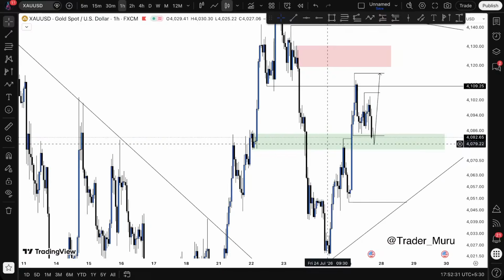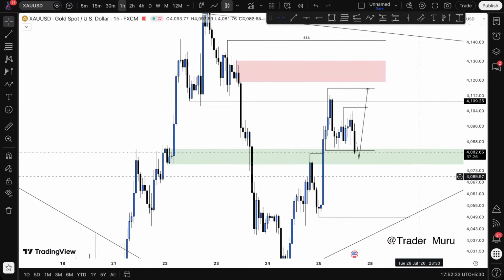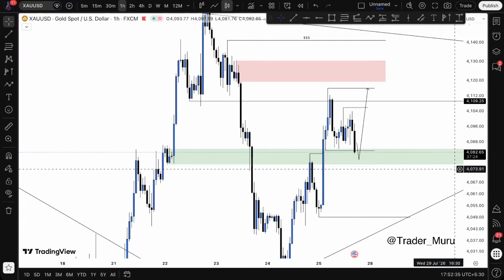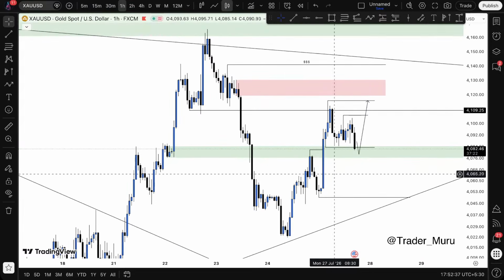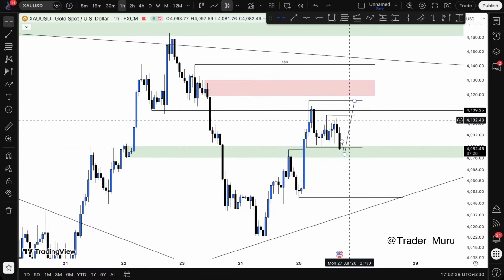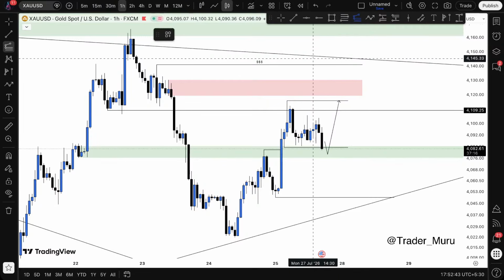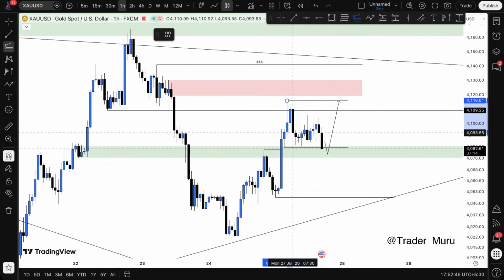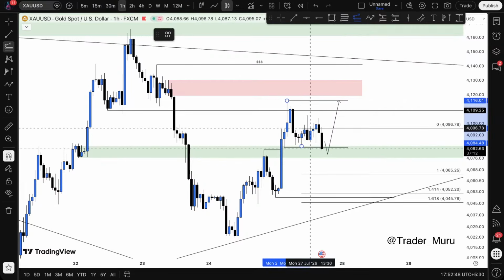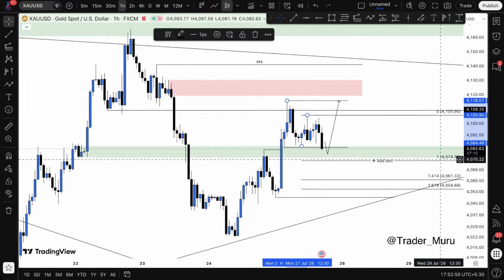Are we in trade? No. We are waiting for this 1 hour candle to close. Then we will enter in this position. Max drop can test the area of 4075. So till this area there is a possibility of wick.